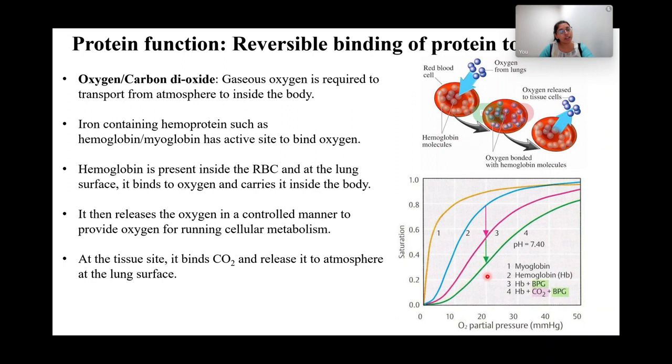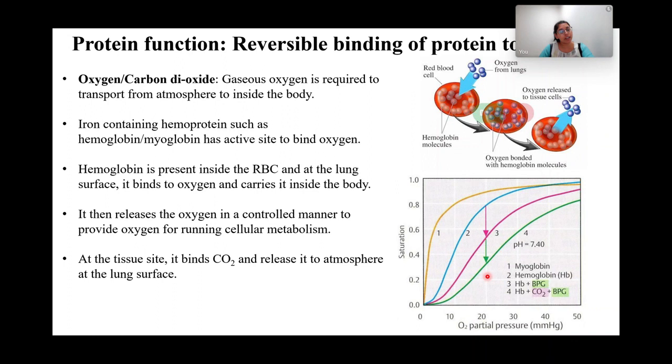It releases the oxygen here and then binds to carbon dioxide here, because the carbon dioxide pressure is much higher than the oxygen pressure. So it releases the oxygen and binds to the carbon dioxide. So if you have BPG or CO2, they reduce the binding of hemoglobin to oxygen. And this is how the oxygen is transported in the body.